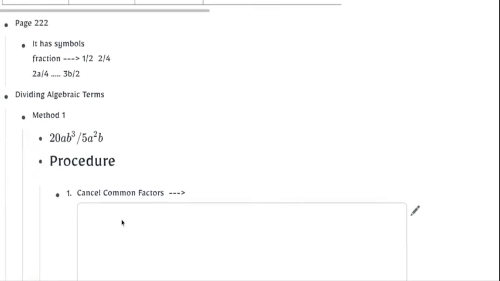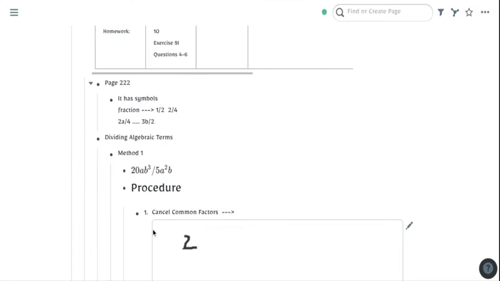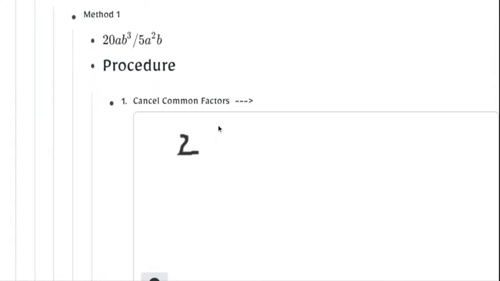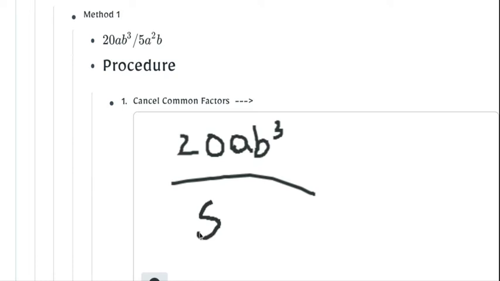We have 20A times B raised to the 3, all divided by 5A squared B. I want one intelligent person to tell me, is there anything in common with the 20 and the 5? In other words, can you simplify the 20 and the 5?